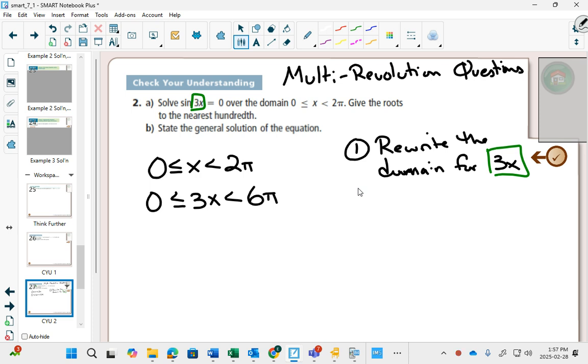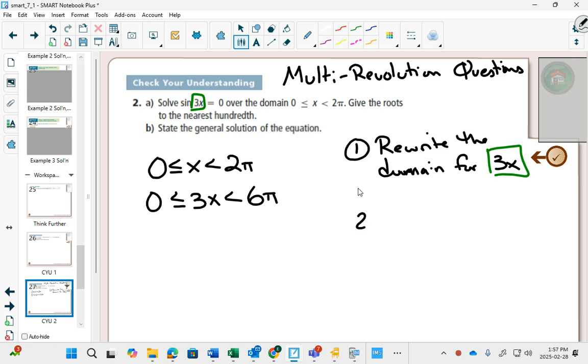And 0 and 6 pi, if we think about our circle, is once, twice, 3 times around. Multi-revolution, because we'd have to go 3 times around for this question. That's why I call it multi-revolution, because 1x is once around, 3x would be 3 times around.